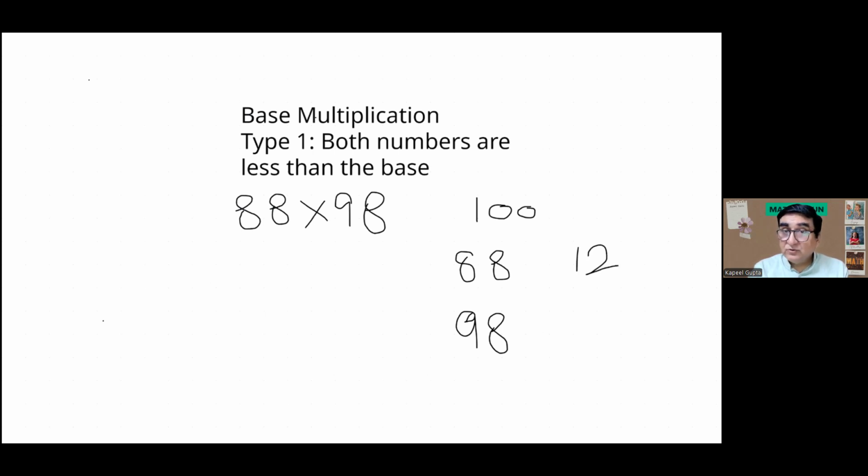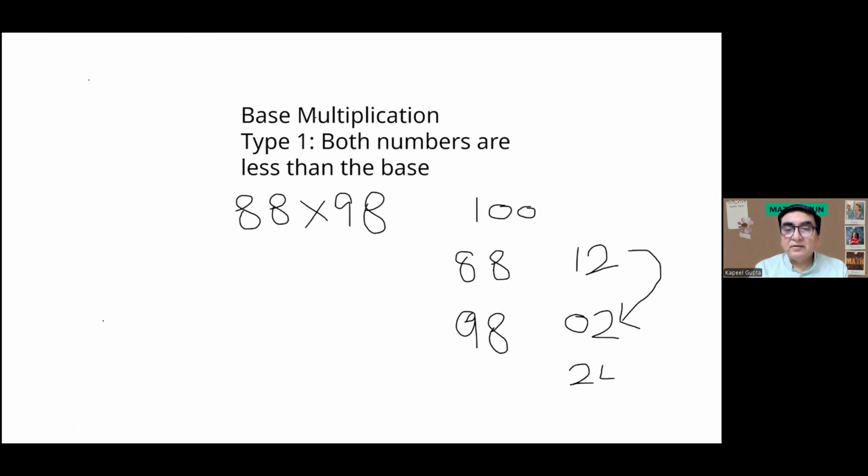And if I do the same with 98, let me write 02, because it's actually 2, right? Now look very, very carefully. I'll multiply 12 and 2, so I get 24.